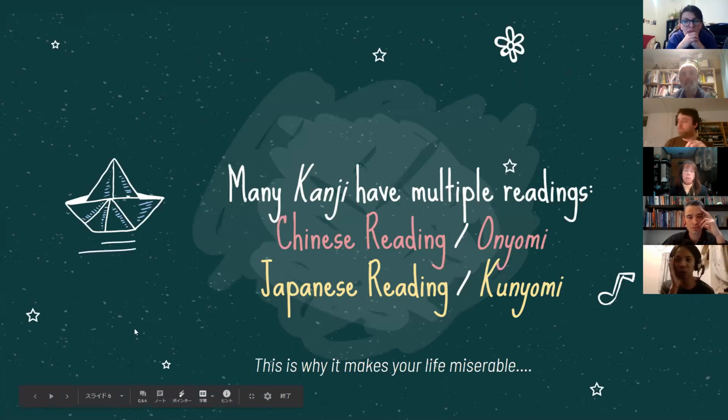So what do we know about kanji? Many kanji have multiple readings: the Chinese reading, or onyomi, and the Japanese reading, or kunyomi. And this is why it makes your life so miserable.